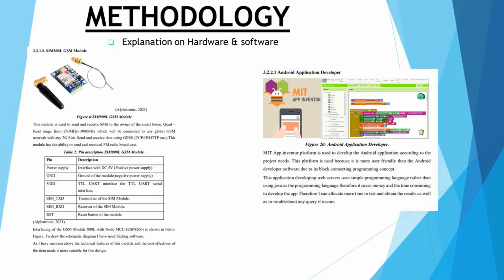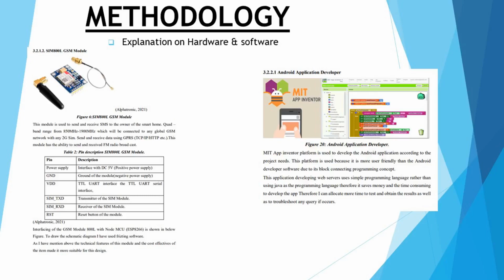Now methodology basically consists of two parts. One is the hardware and one is the software. Methodology basically means how you are going to do your project. Here I have put an example for the hardware part and for the software part.